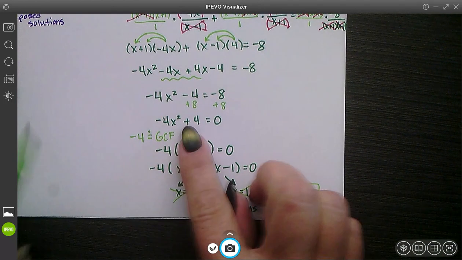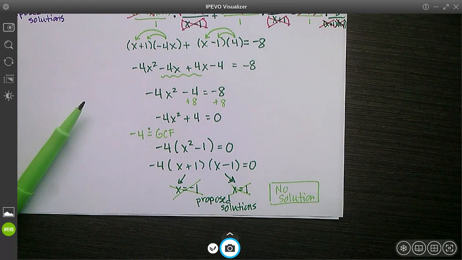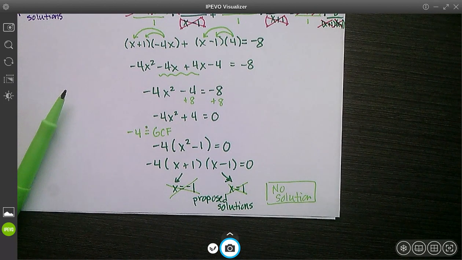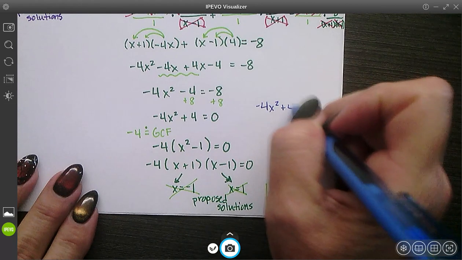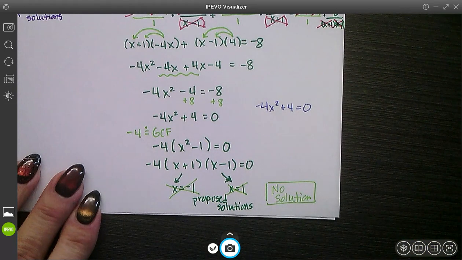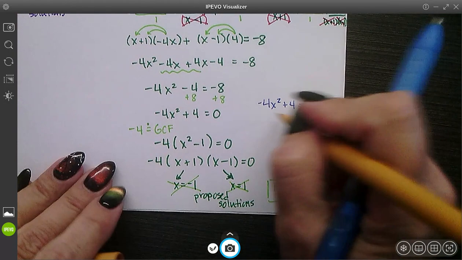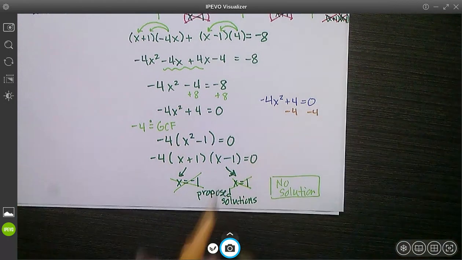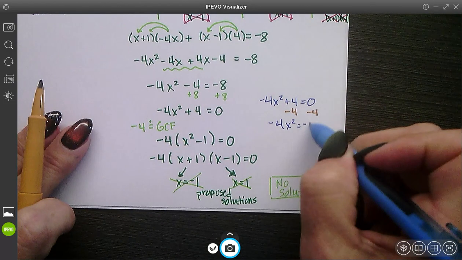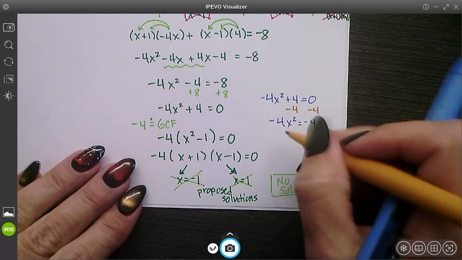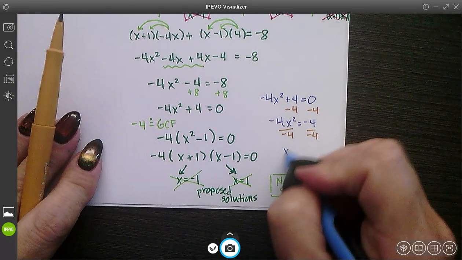Let's just go back to this little step here. If you wanted to solve this by square root method, then I will show you that alternate method. If we had negative 4x squared plus 4 equals 0, to solve by square root method, I need to isolate the squared thing. So I will subtract 4 from both sides, which gives me negative 4x squared equals negative 4. Then divide both sides by negative 4 so that the x squared is by itself.